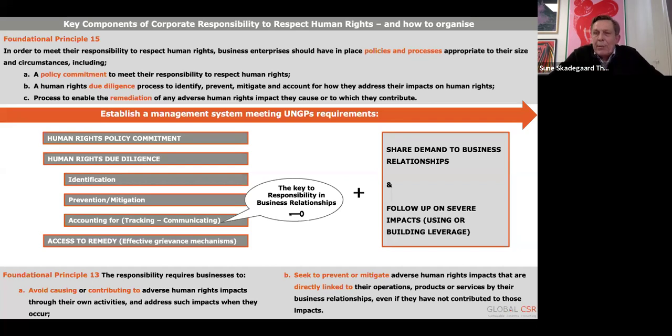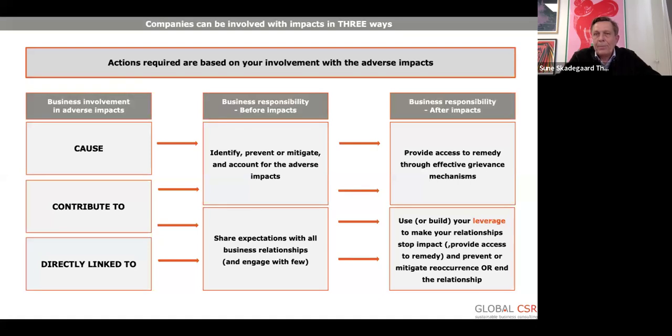If you become aware of any actual severe impact, you need to use or build leverage to make that business entity stop the impact and make sure it does not reoccur, i.e. implement the due diligence requirements from the guiding principles. And this is where leverage comes into play. So the last concept that we are dealing with today.